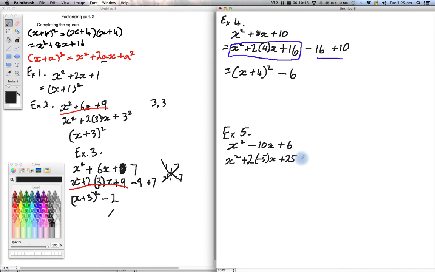Now we're going to take away 25, add our 6 from before. Okay, so with our bit that's a perfect square, we've got x minus 5 squared minus 25 plus 6 gives us minus, what is that, minus 19.